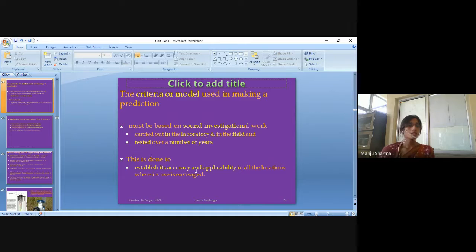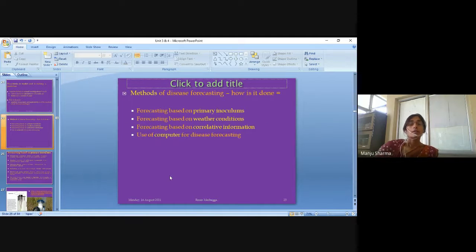This is done to establish its accuracy and applicability in all the locations where it's used. Then, the methods of disease forecasting and how it is done.